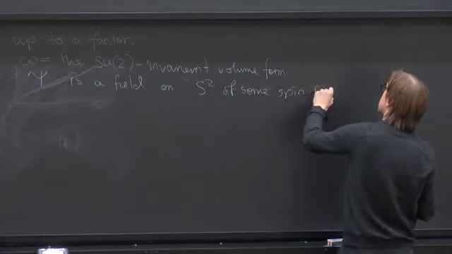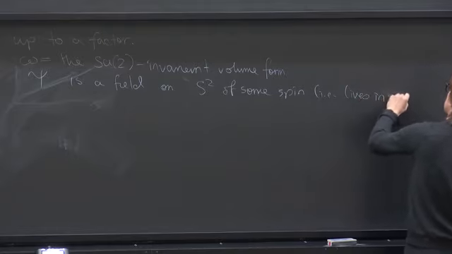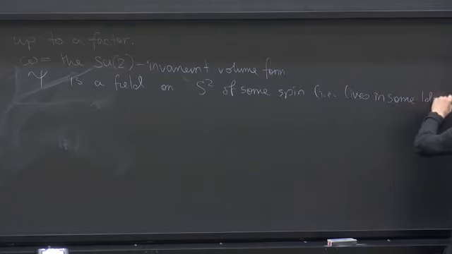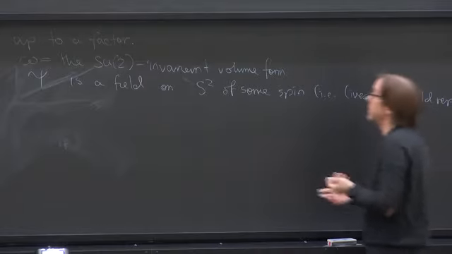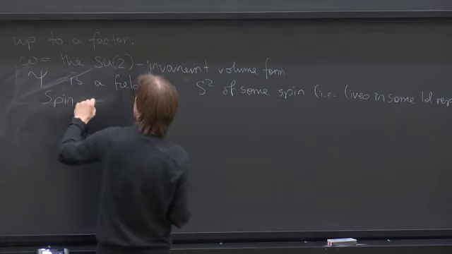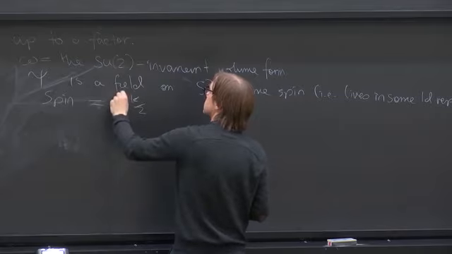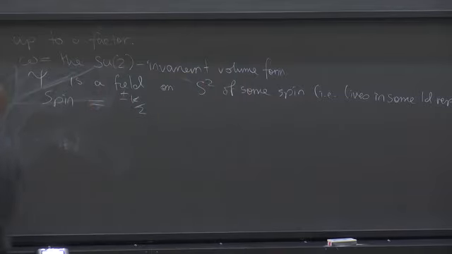That is, it lives in some 1D rep of SO2. And then if you calculate, the spin is something like minus k over 2 or something. So that's ultimately why it becomes a tensor.